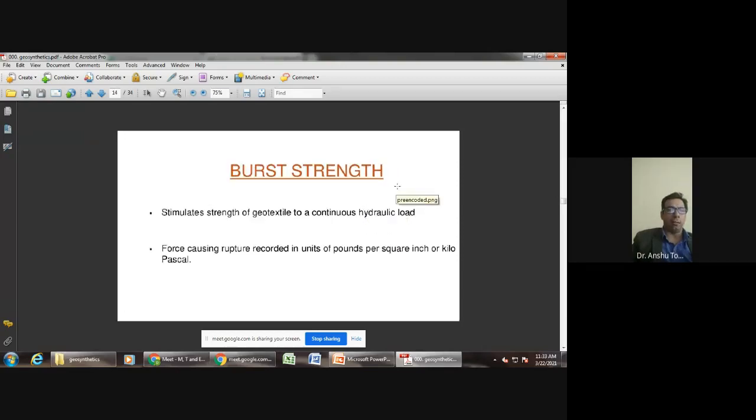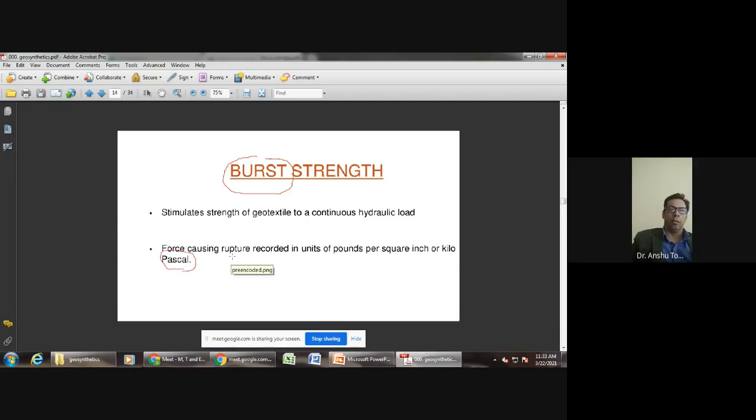Burst strength means simulating the strength of geotextile to a continuous hydraulic load. That means, as you know, the word burst is most of the time used for pipes. And pressure, as you can see, we are talking of Pascal here.